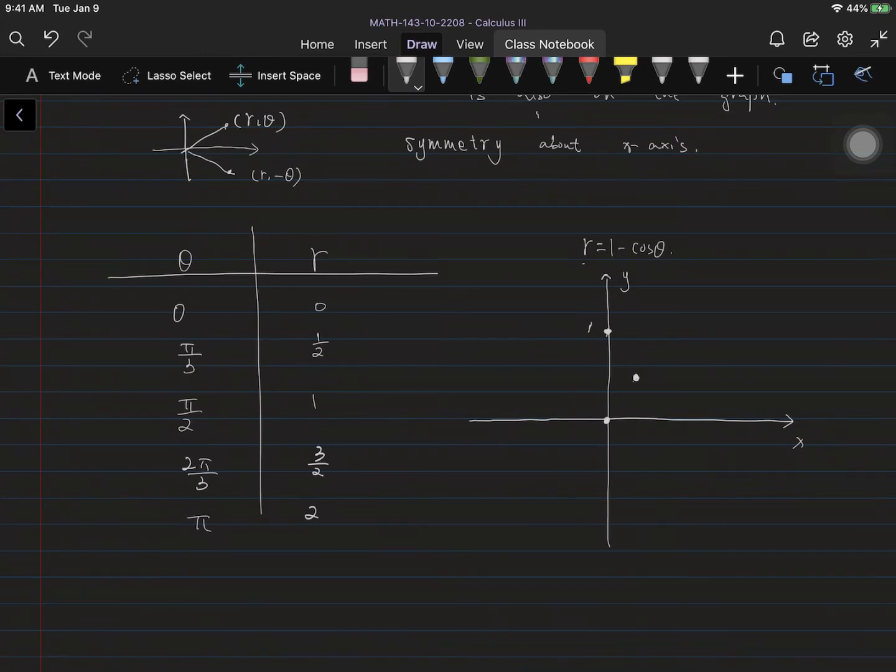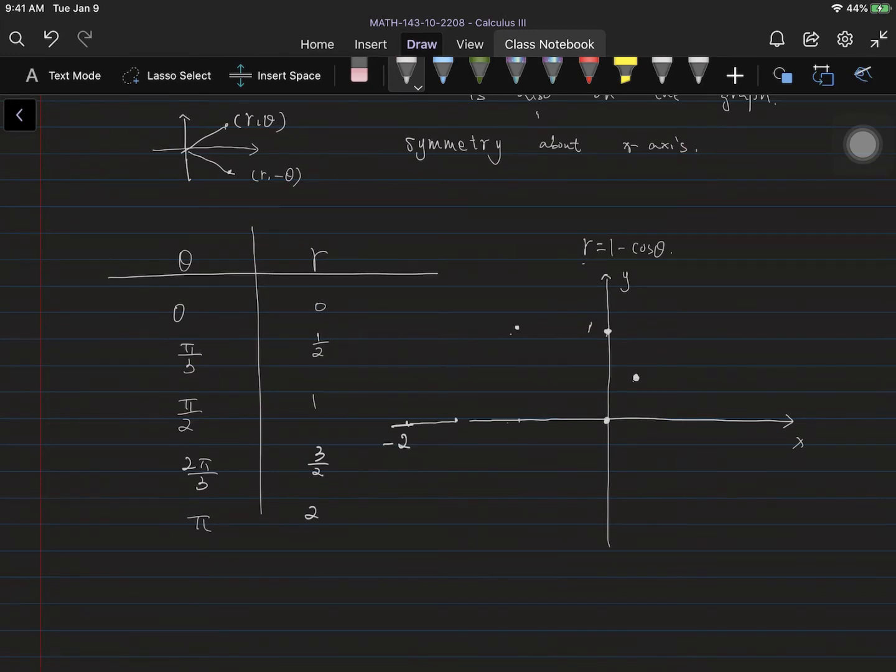And the next point is 3/2, so larger than that, roughly here. And the angle is 2 pi over 3, so it should be pi minus pi over 3. So roughly, maybe here. Okay. And for pi, which is 2, so here's 1, 2 should be around here.